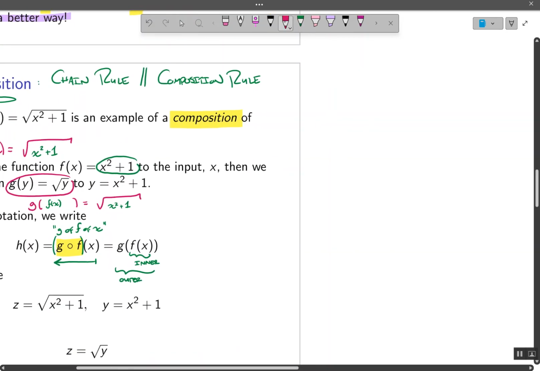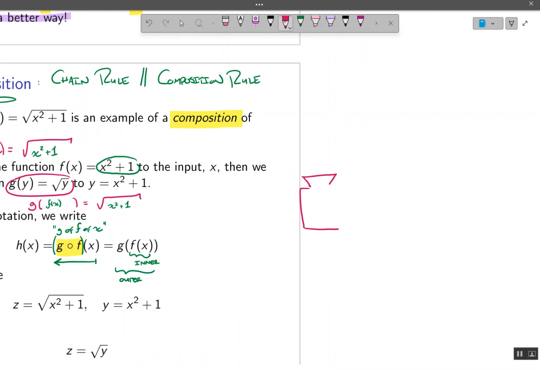So if we think about our kind of analogy of a function machine, every function has an input and an output. So let's say this first function right here is called f.